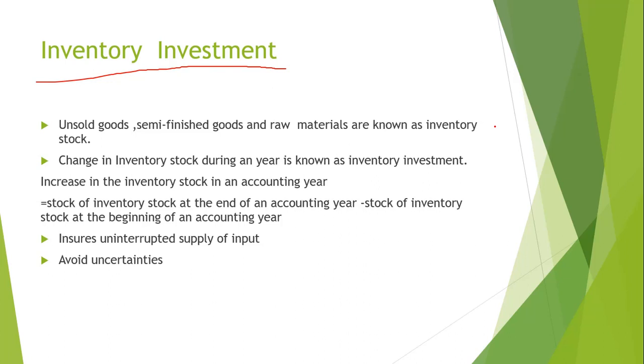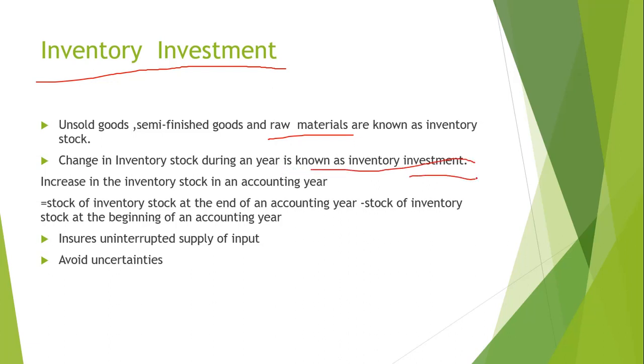Semi-finished goods means those which are in the process of production, not yet out of the boundary line of production. And then come the raw materials, which are important for the production process and will later be transformed into final goods. All these come under the inventory stock. Then the change in the inventory stock during a year is known as inventory investment.